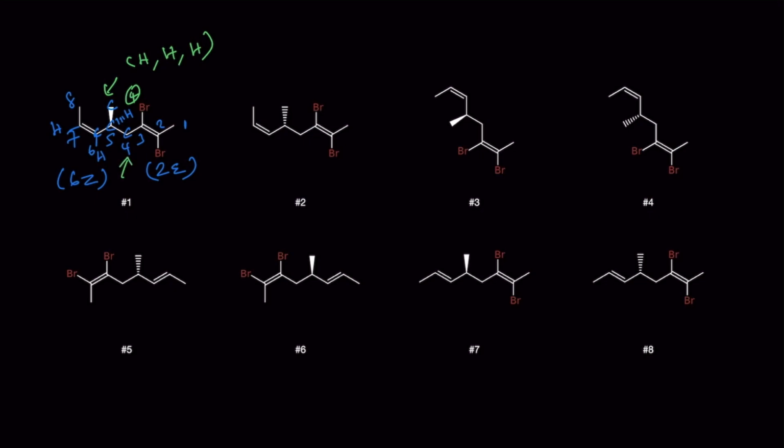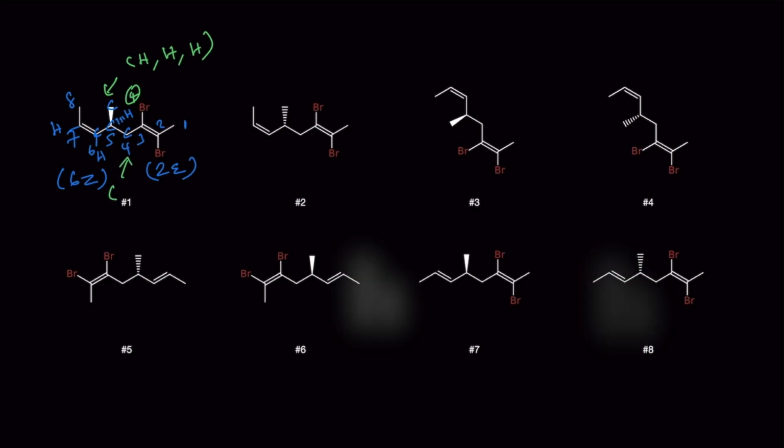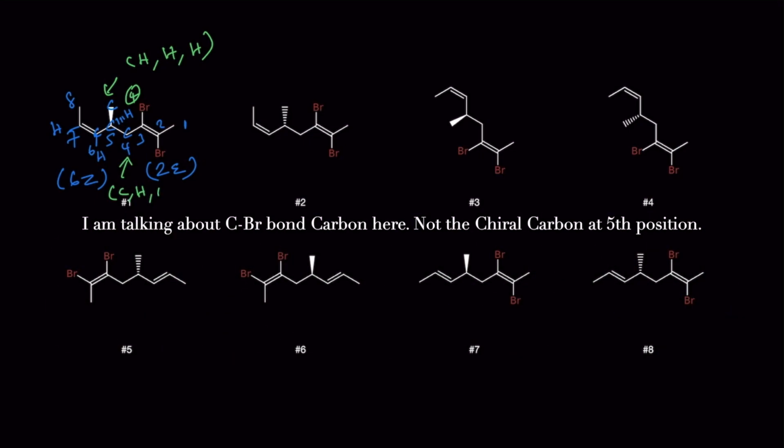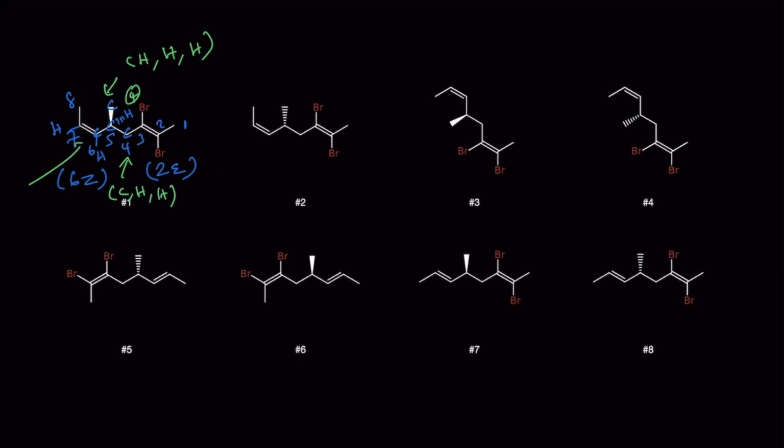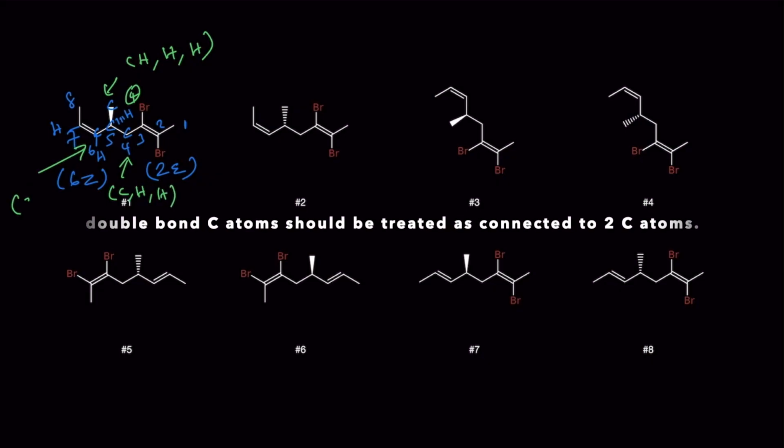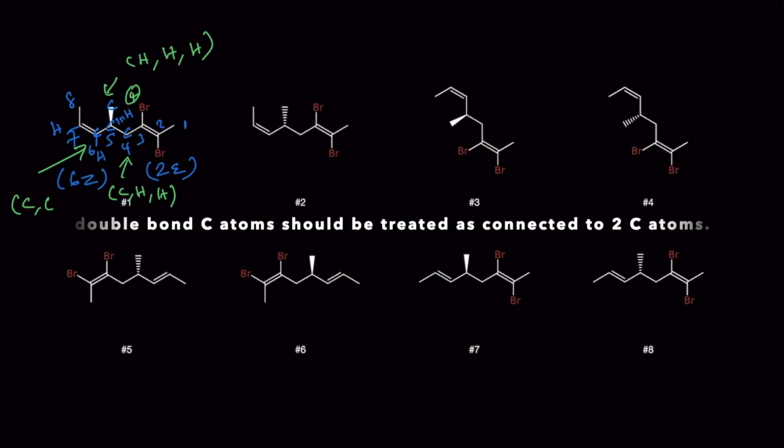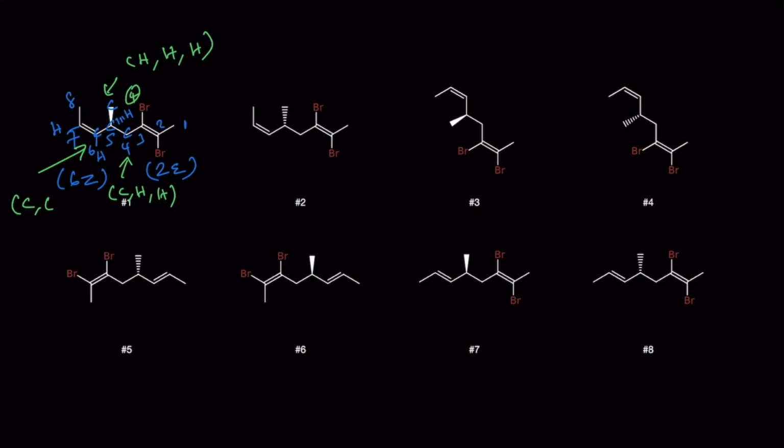Whereas for this carbon, it is connected to 1 carbon and 2 hydrogens. For this carbon, we can consider it as carbon connected to carbon, because we have a double bond, and then 1 hydrogen. So obviously, the top priority must be given to this, and then this one, and then this one.